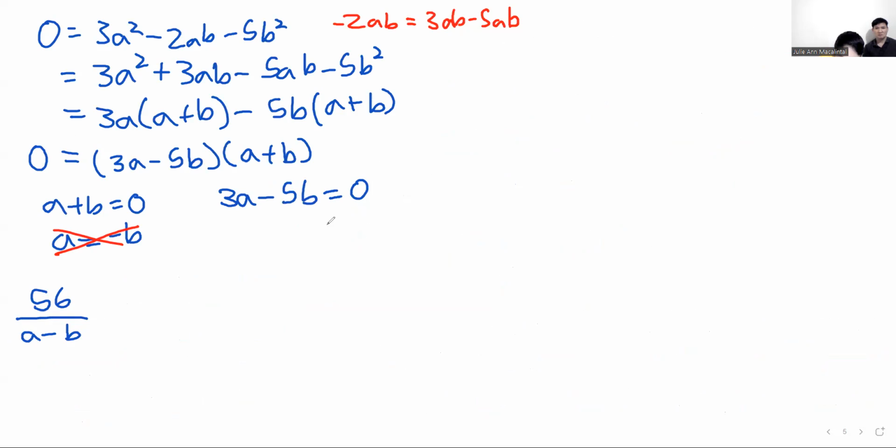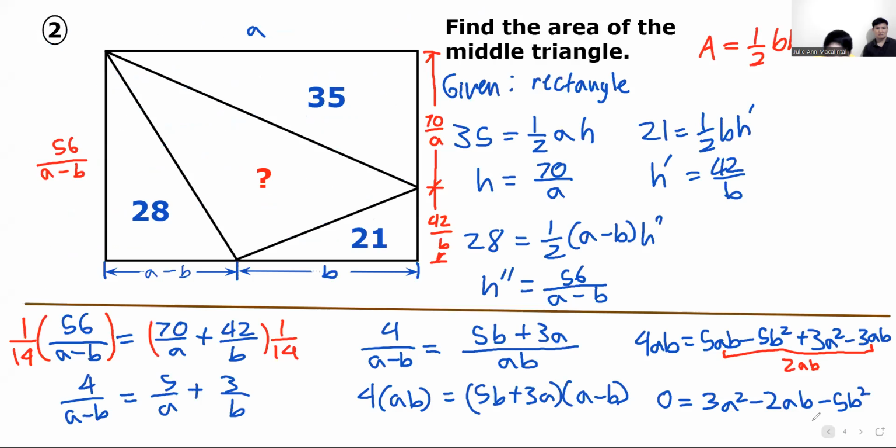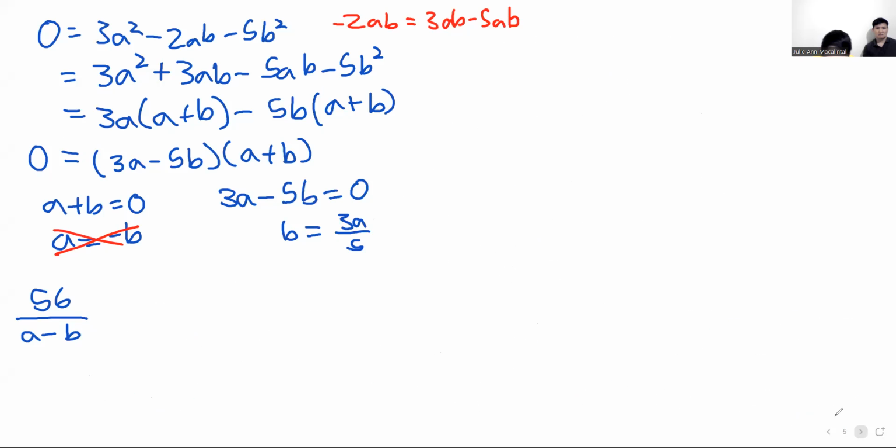b. 5b equals 3a, so b equals 3a over 5. I realized because we have one side that is a, it will be better to rearrange it in terms of a and not b.